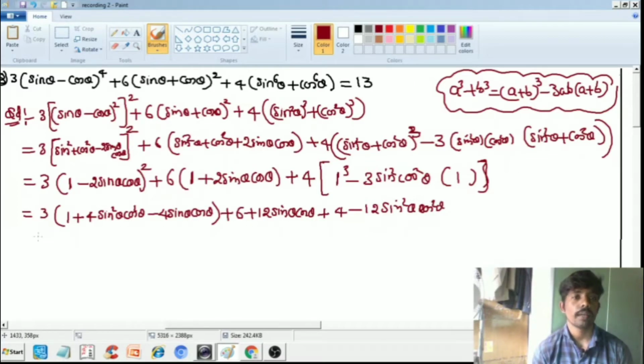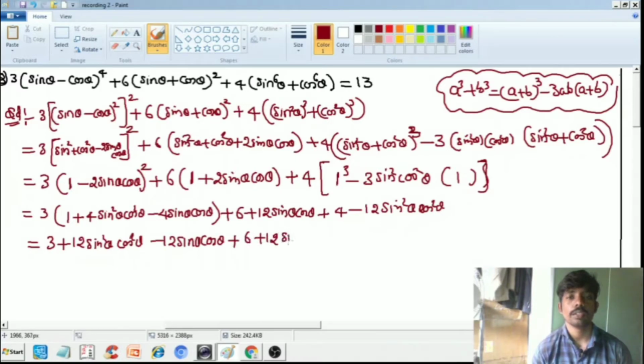Now what we have, multiply 3 inside, 3 4s are 12 sin theta cos theta plus 6 plus 12 sin theta cos theta plus 4 minus 12 sin square theta cos square theta.